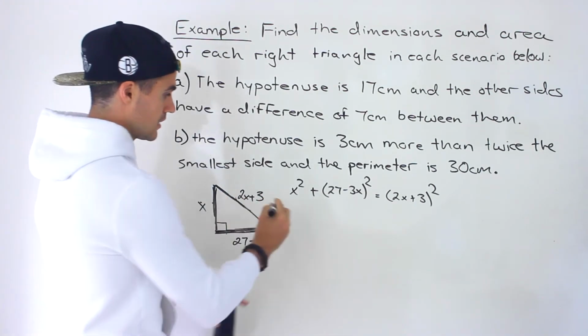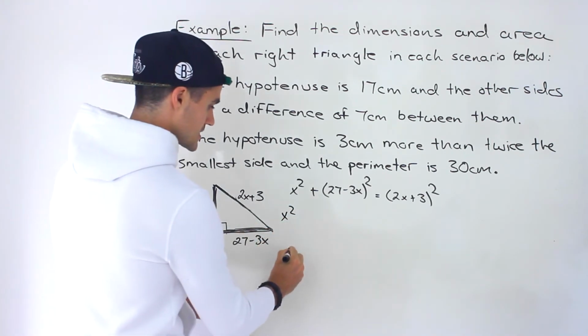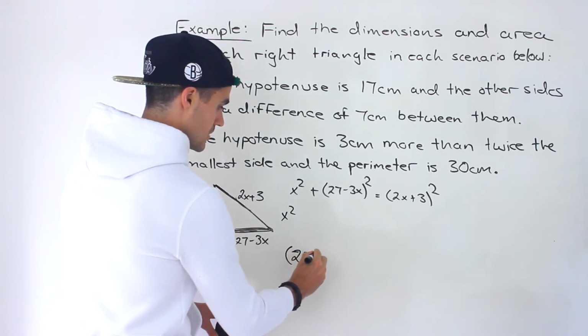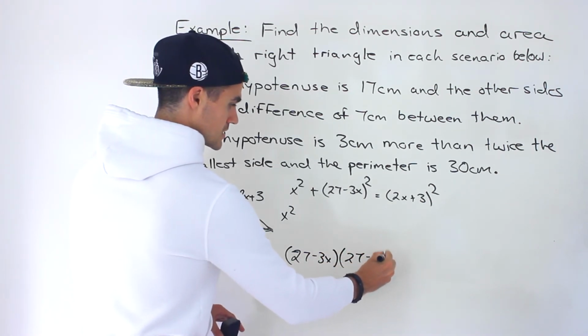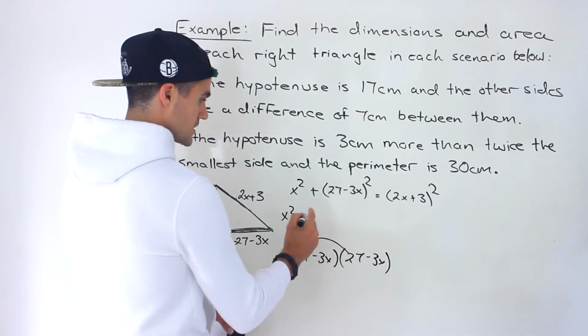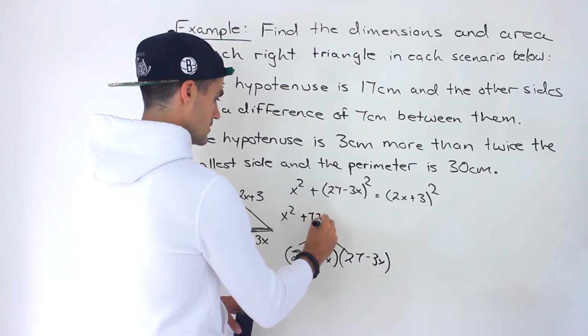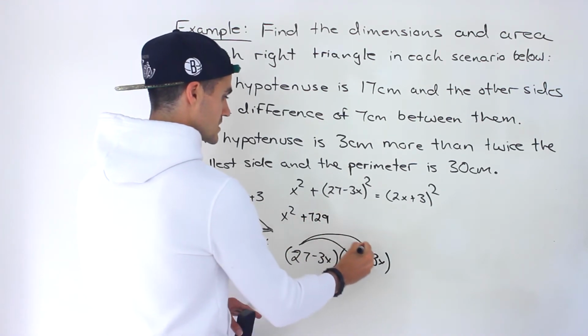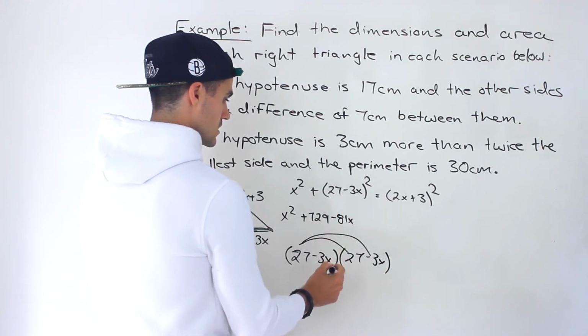And so over here, notice that this x squared would stay the same. Now if we take this 27 minus 3x, let's do this in steps, because this one we're dealing with fairly large numbers. So 27 times 27 would give us positive 729. Then we'd have 27 times negative 3x, which would give us minus 81x.